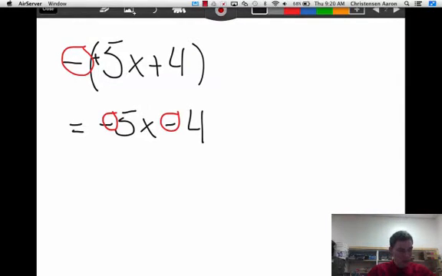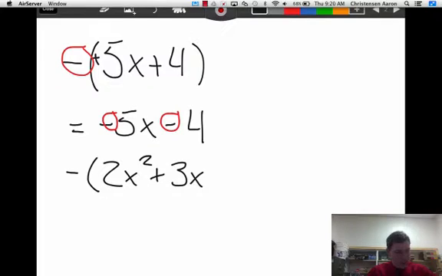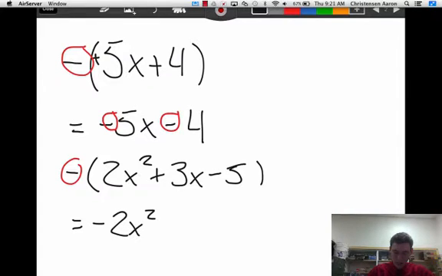Same thing if we have a negative 2x squared plus 3x minus 5. This negative out front changes the sign, so we end up with negative 2x squared minus 3x and then plus 5.